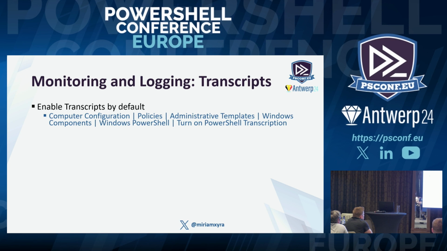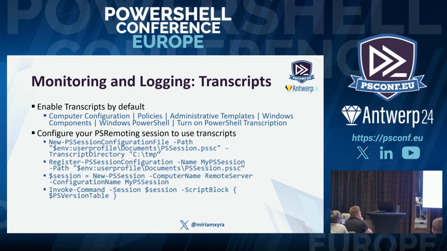You can configure it using GPO, of course. Or you can also configure your PS remoting session to contain transcripts, which also means you can use JEA to configure transcripts. And it's everywhere. You just use it. It's great.